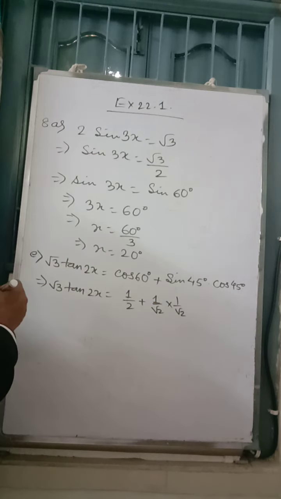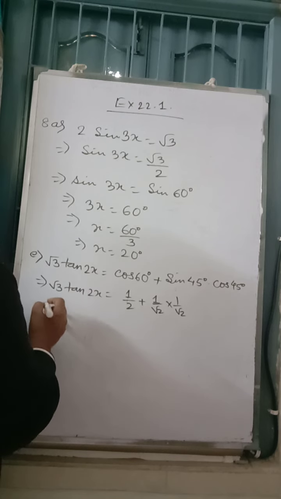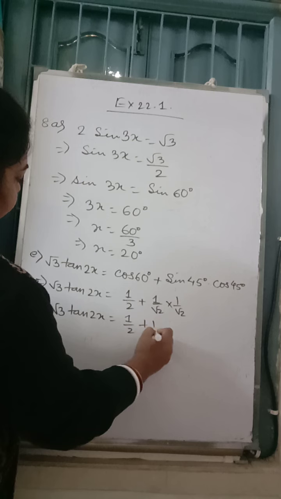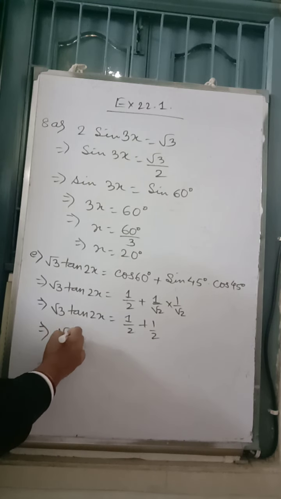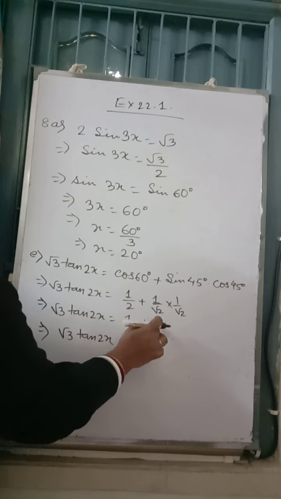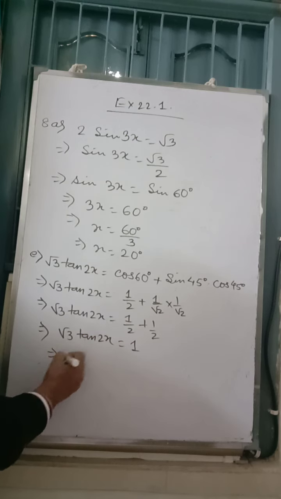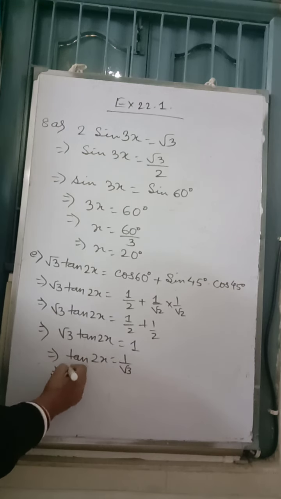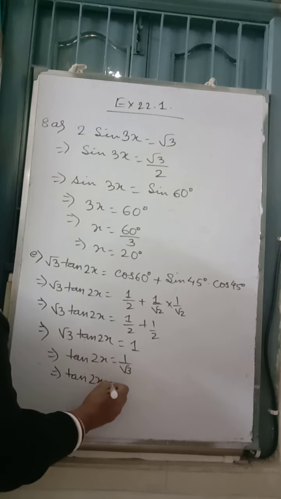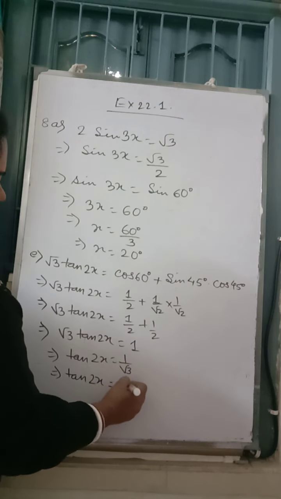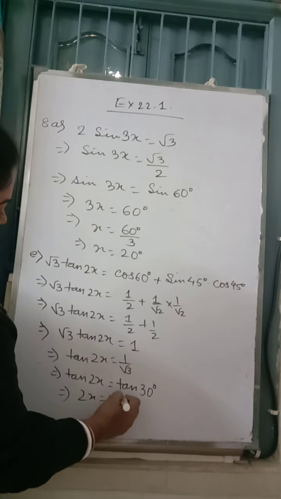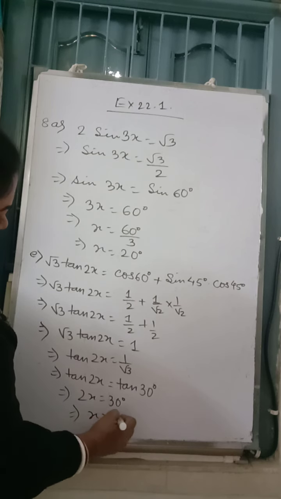So root 3 tan 2x is equal to 1 by 2 plus 1 by 2, which gives you 1. Or tan 2x is equal to 1 by root 3, or tan 2x is equal to tan 30 degree, or 2x is equal to 30 degree. x is equal to 15 degree.